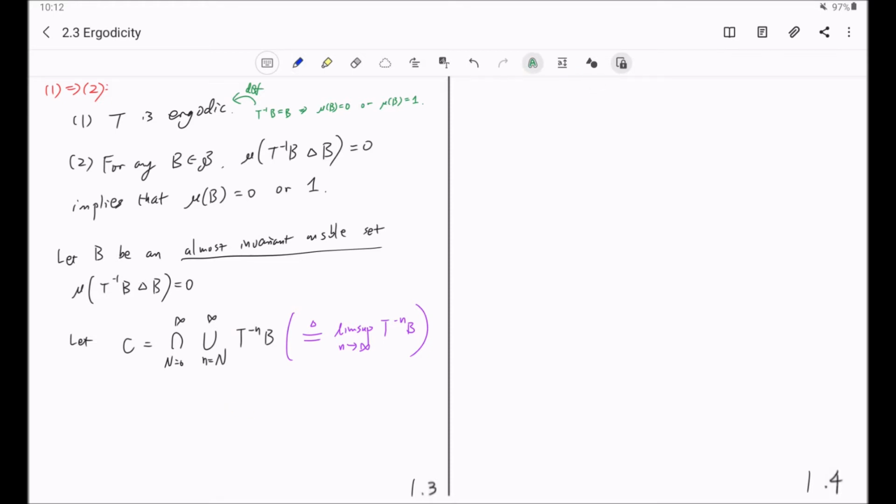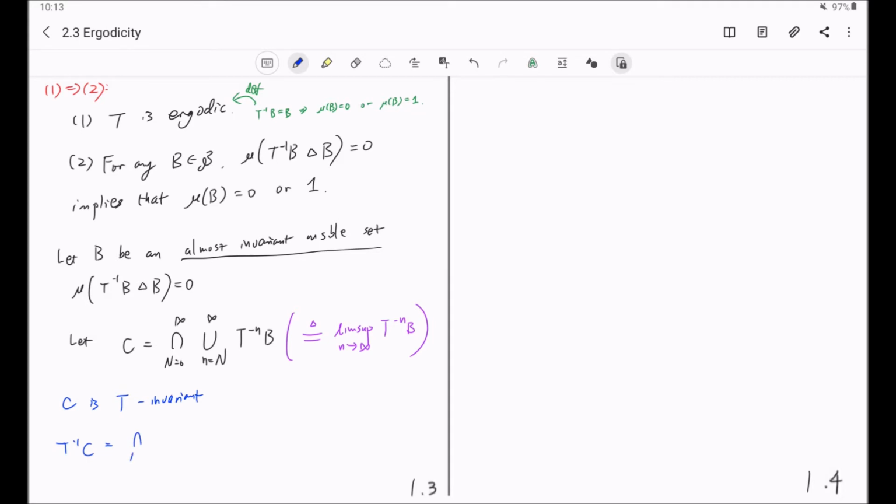Now, C, we claim, is T invariant because the inverse map can break through all the intersections and unions and apply to each term directly. And that is a very good property of the inverse.